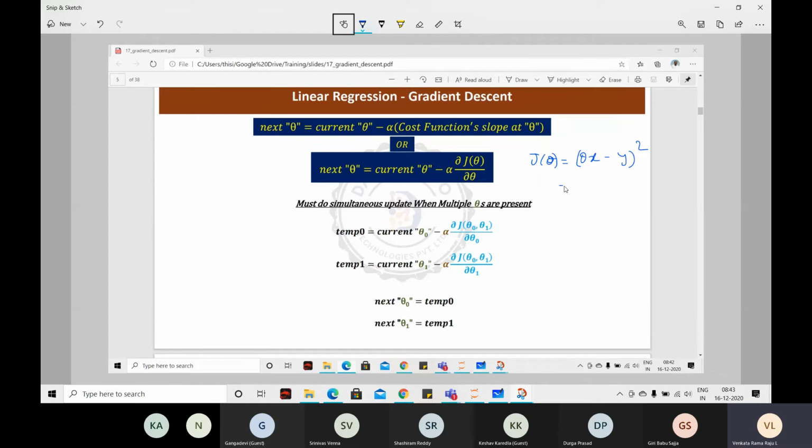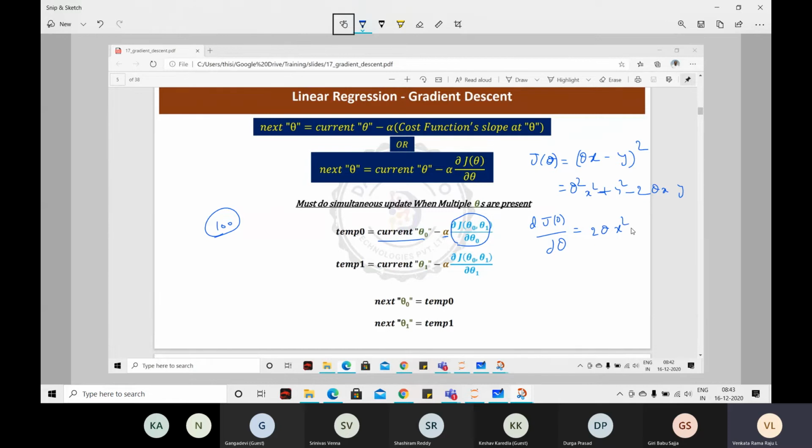If I expand this, it is theta square x square plus y square minus 2 theta x y. Now I need to calculate the derivative, dJ by d theta, because I need to substitute that into this formula. We'll talk about alpha later. I know 100 as my current theta. What is the derivative of J of theta? If you calculate the derivative of this, it is 2 theta x square. Do you agree?